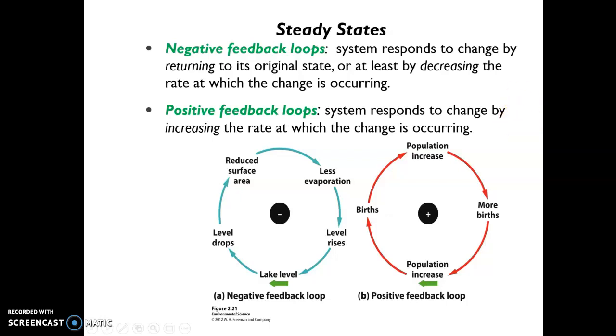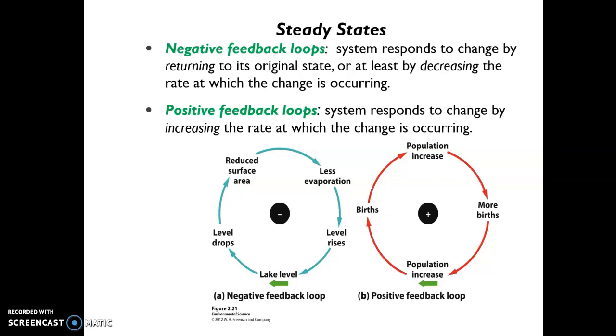So as the lake level rises, the surface area increases, and so the level may drop due to evaporation, and then you end up with a lake with a reduced surface area. And because it has a reduced surface area, it has less evaporation, and that keeps it in a steady state in a negative feedback loop.